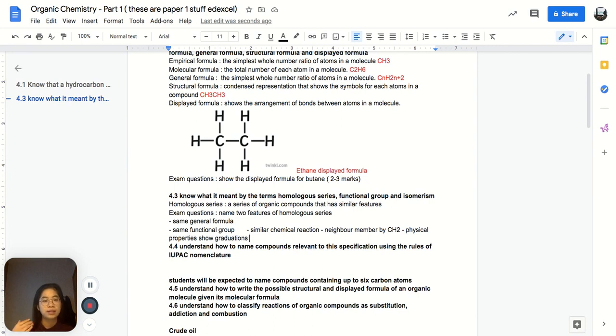You could just write same physical properties, not show gradation. A simpler one is similar physical properties. But if you don't remember that, do not write that. Mostly what I write is same general formula and similar chemical reactions.